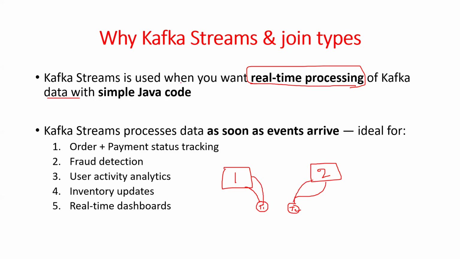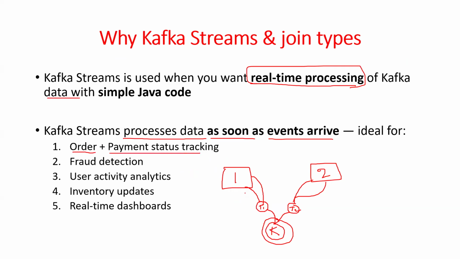Now, Kafka Streams is useful here. Kafka Streams processes the data as soon as an event arrives. So using Kafka Streams, I will take reference of topic 1 data and topic 2 data, combining, joining here, like order events and payment events.